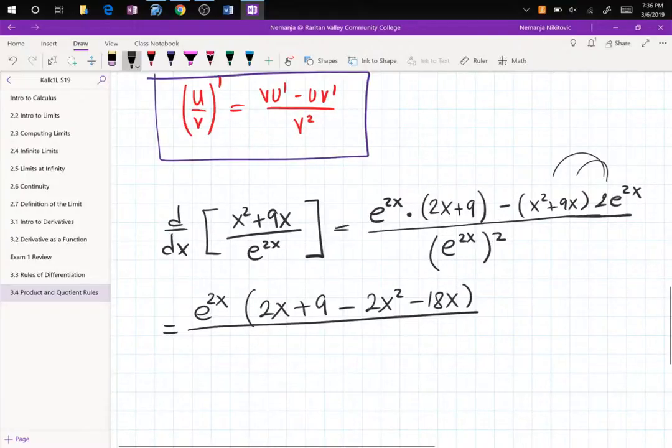On the bottom, I have e to the 2x times another e to the 2x. And I'm writing it this way because one of these cancels. I could have written this as e to the 4x, but then I don't know if you're going to see the cancellation. So I'm going to write e to the 2x in denominator twice.